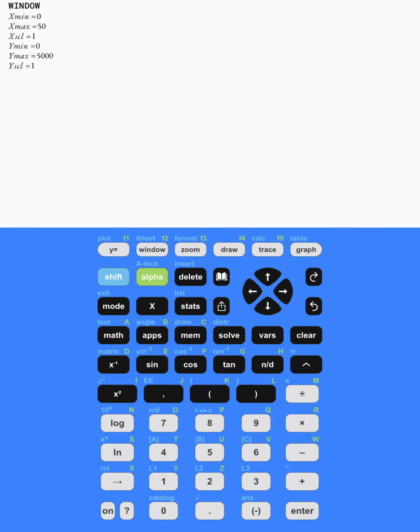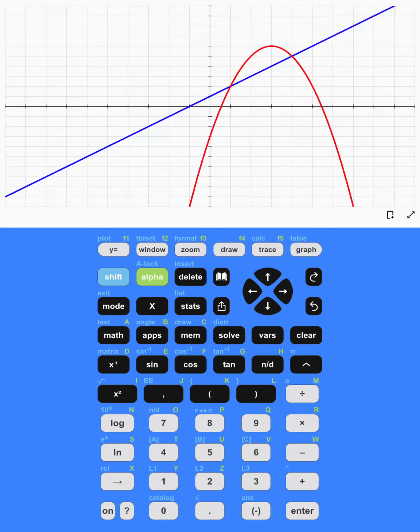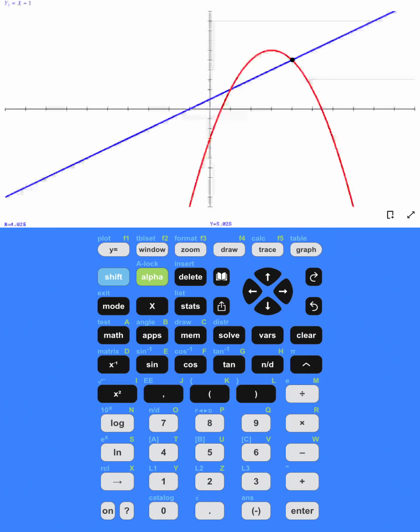Once you have it graphed, change your window to the standard window for now. You want to graph it, and as you can see, there are two solutions because there are two intersections.